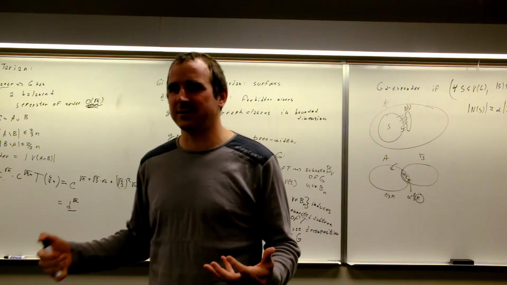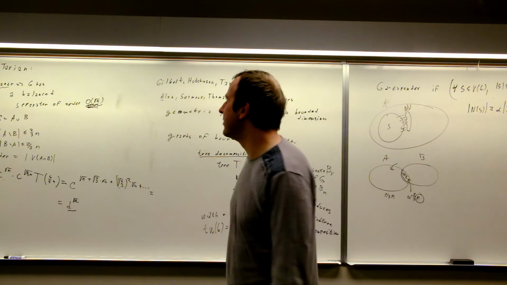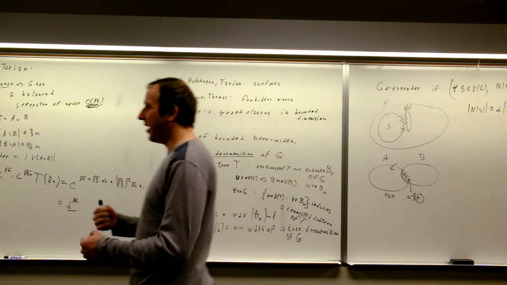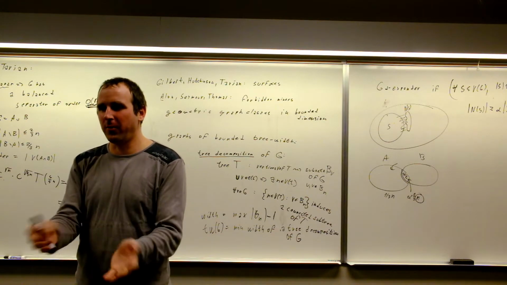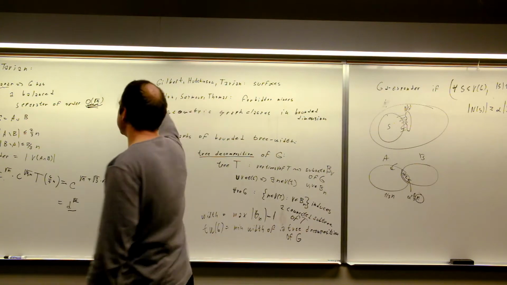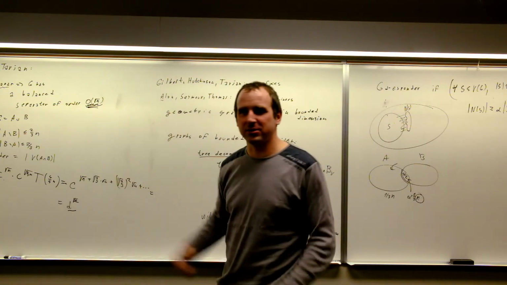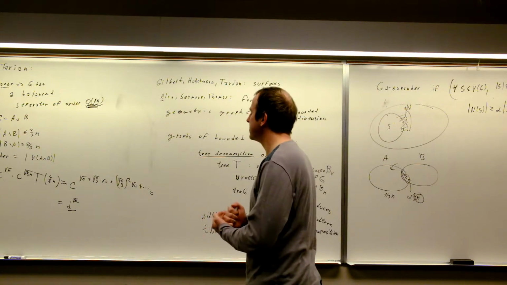I need to require this property to be hereditary. I need that not only I have balanced separators, but also that all my subgraphs have balanced separators. And this is again true in all these examples that I was showing so far.